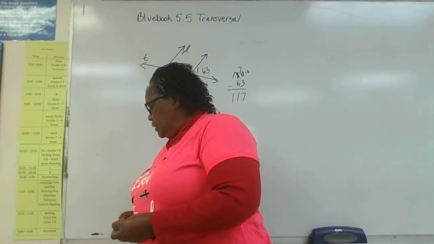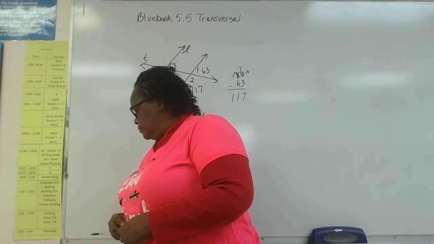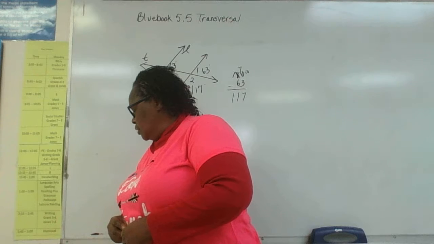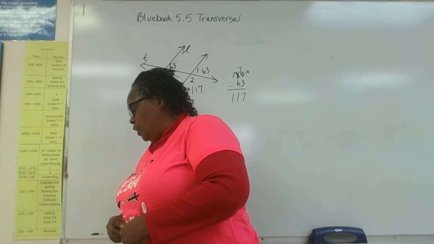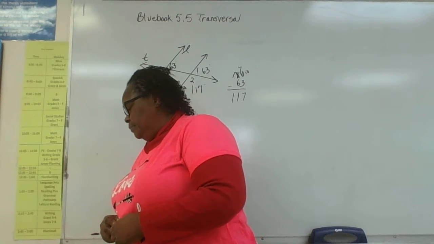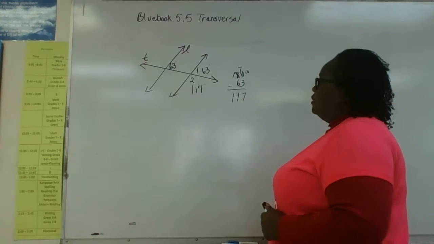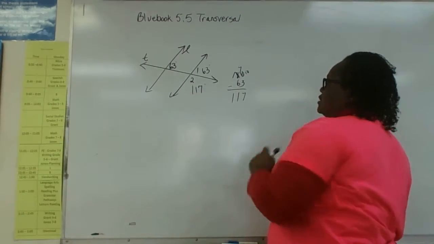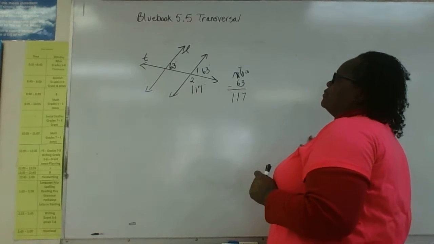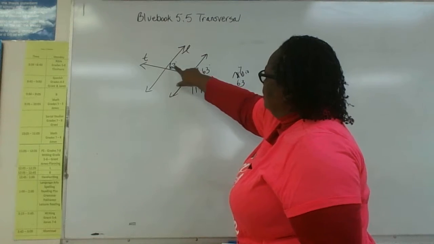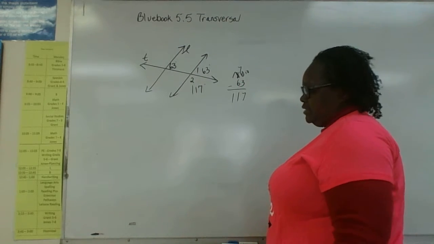Okay, and then according to the text, angle 1 is 63 because it is corresponding. Remember, if we were to superimpose and put it right on top, it will land right here at 63.